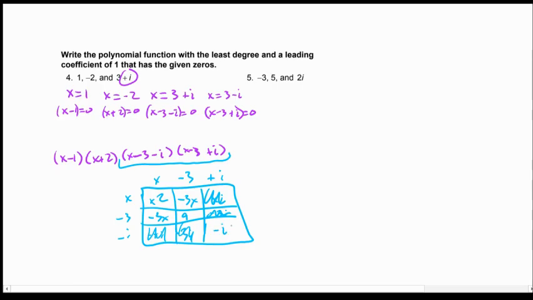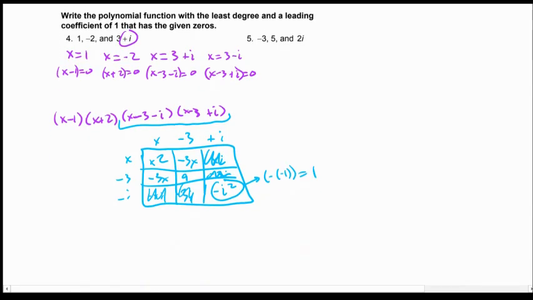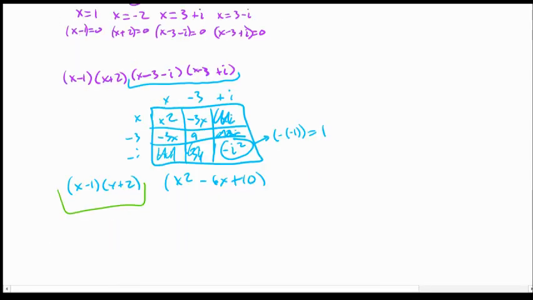And then we get negative i squared, which technically i squared is just negative 1. So a negative negative 1 is just equal to 1. So when I add all these things together, I get x squared minus 6x plus 10. And now I'm going to multiply x minus 1 and x plus 2 together.